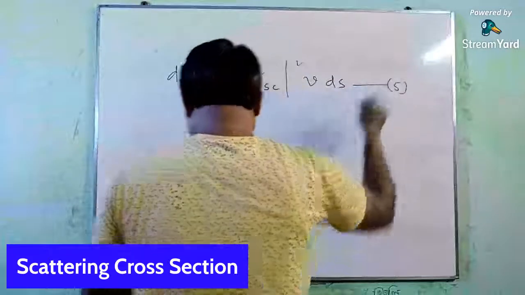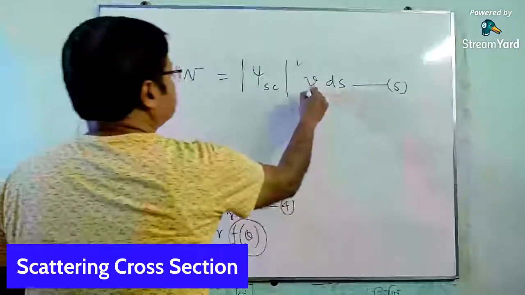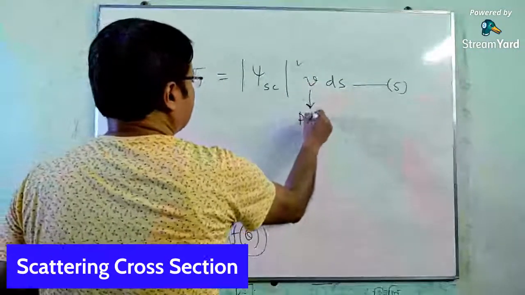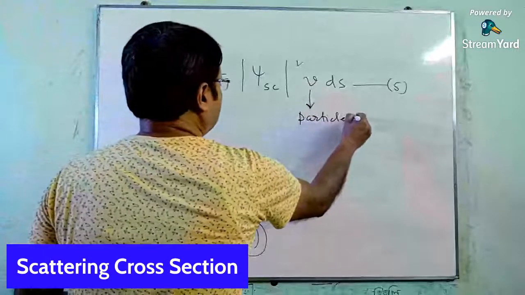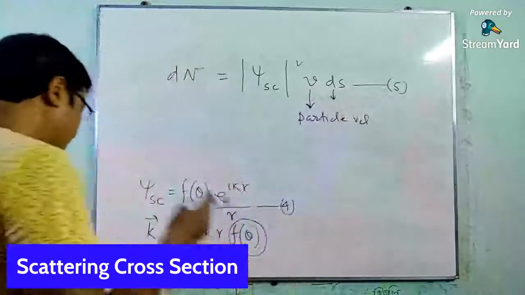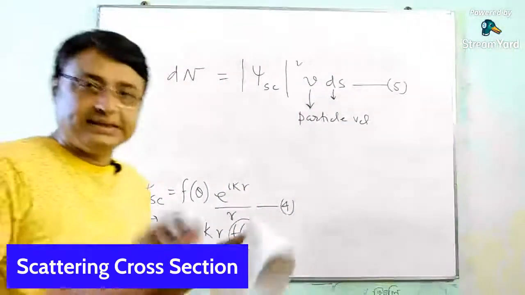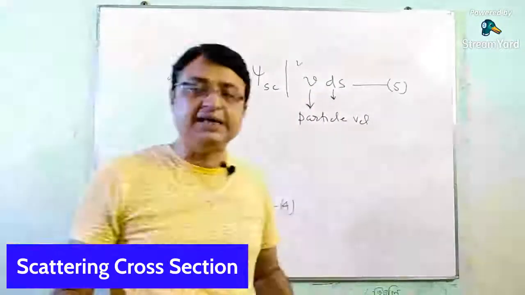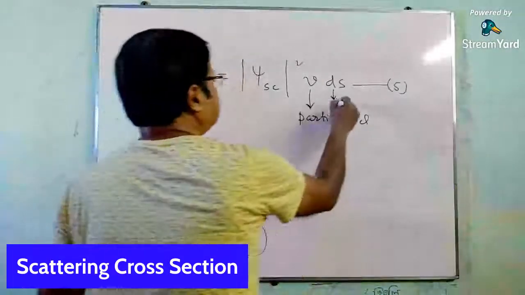This is equation 5, where v is the particle velocity and ds is the face area of the detector.